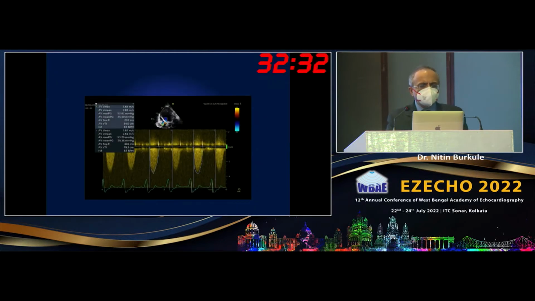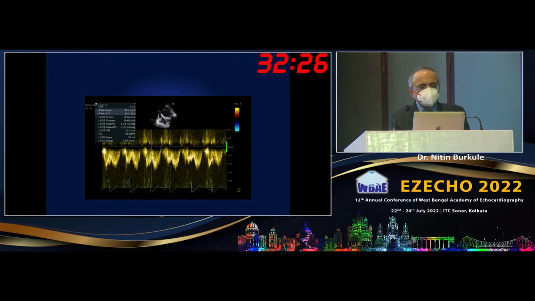The gradients are somewhere around 52 by 35. The stroke volume is hardly 37 ml, so indexed to body surface area it is around 25 ml per meter square, which is definitely a low flow, low gradient severe aortic stenosis.